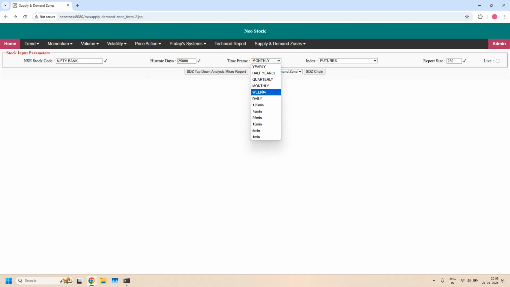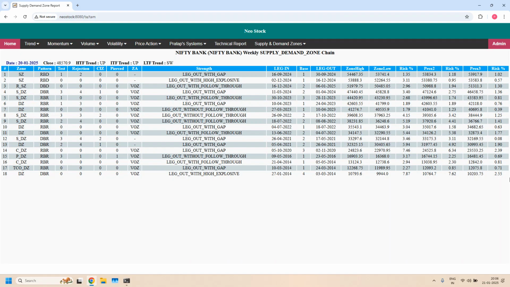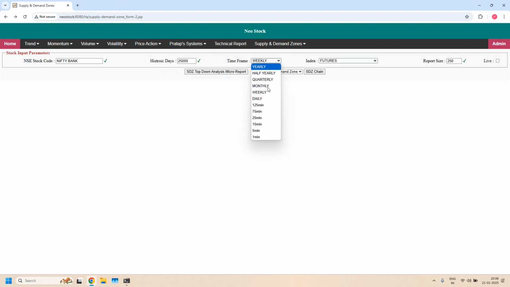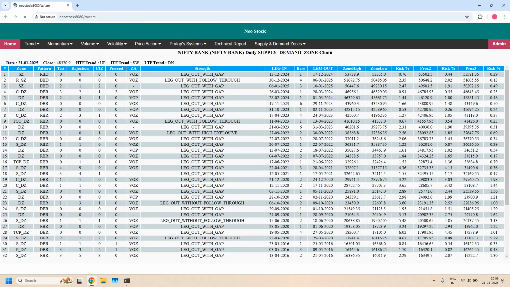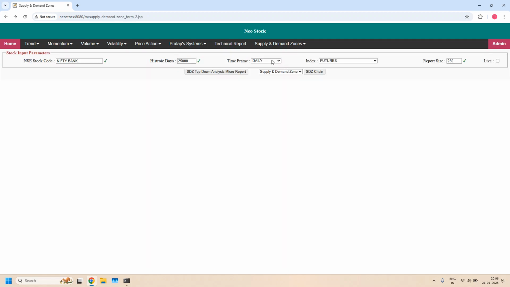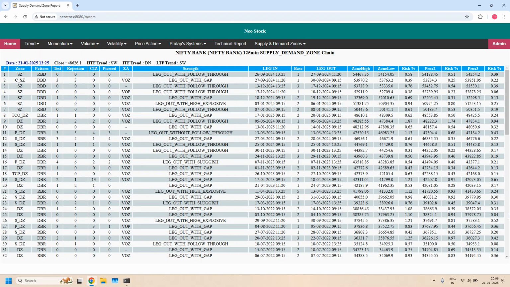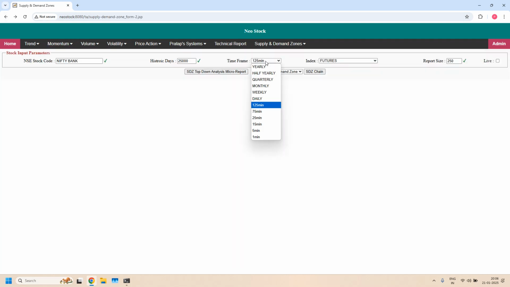Next, weekly supply demand zone chain for BANKNIFTY. Next, daily supply demand zone chain for BANKNIFTY. Next, 125-minute supply demand zone chain for BANKNIFTY. Next, 75-minute supply demand zone chain for BANKNIFTY.